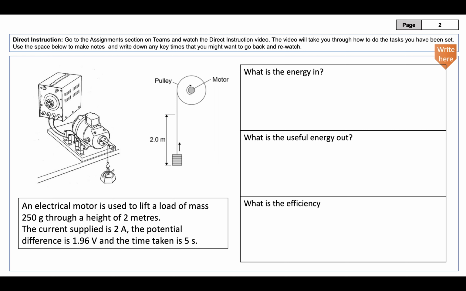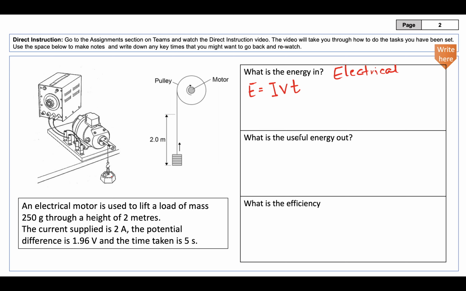So we're increasing the gravitational potential energy of this mass, and we're getting the energy from the electrical energy here. Well, the energy in is electrical, so we'll be using the equation electrical energy equals current times potential difference times time.